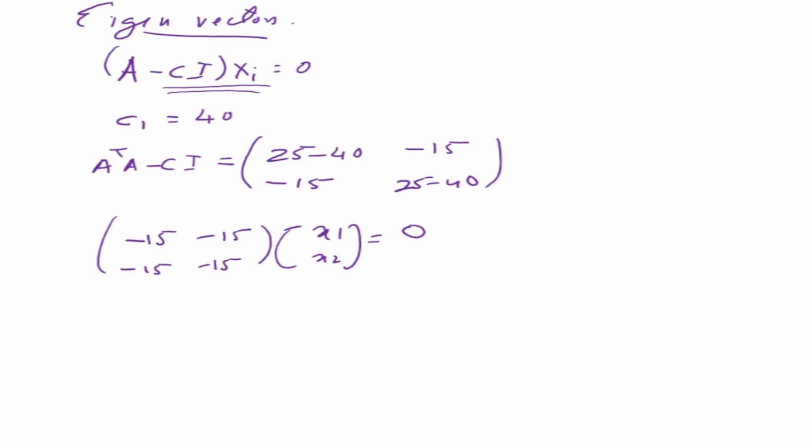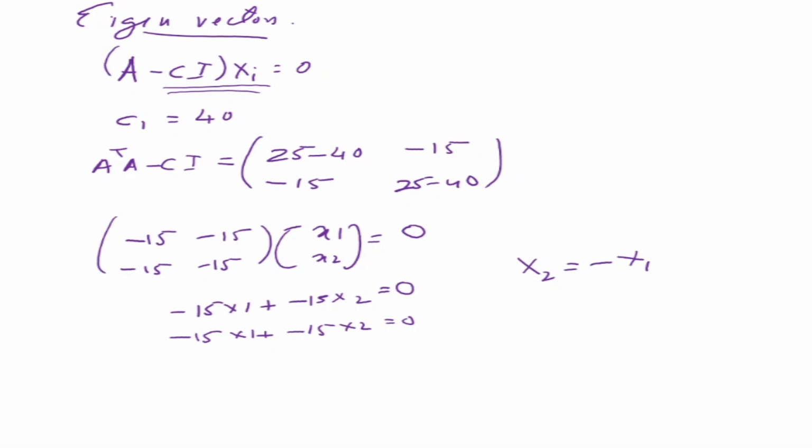I'm getting two equations from here: minus 15 times x1 plus minus 15 times x2 is equal to 0, and the other equation is the same, minus 15 times x1 plus minus 15 times x2 is equal to 0. Now solving, we get x2 is equal to minus x1. That's what we get from these two equations.